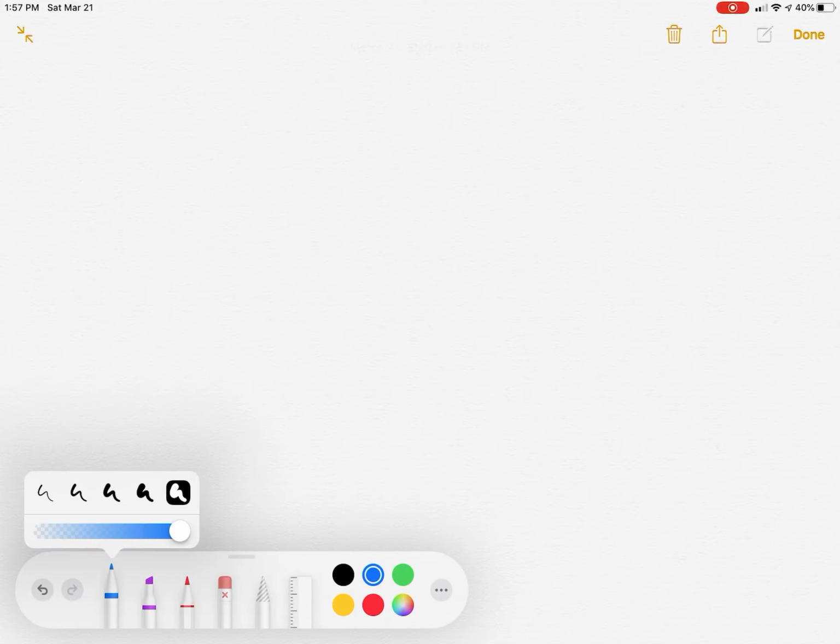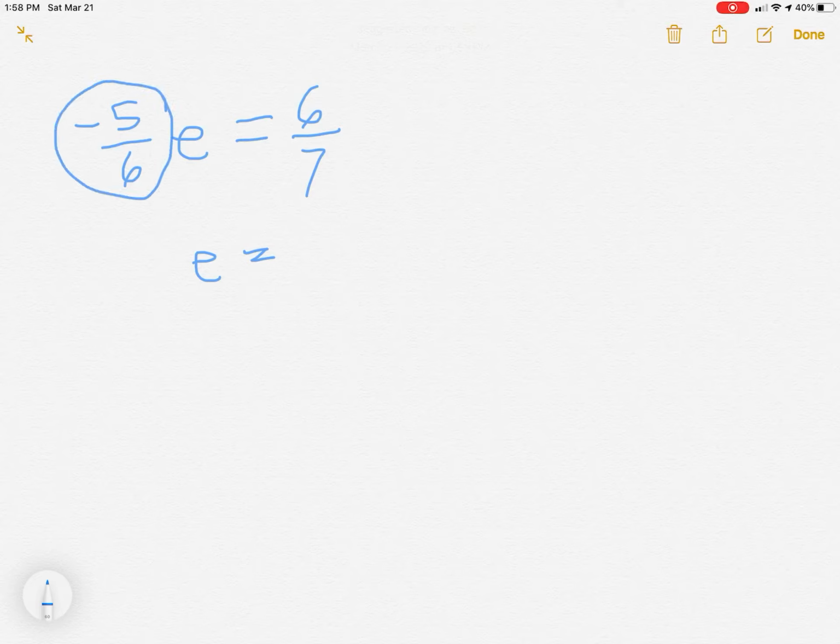Alright, so let's do some of these problems. Fractions are the thing that messed up most people. So let's do a fraction problem. Negative 5/6 e is equal to 6/7. Okay, so in order to get that e all by itself, I'm going to have to divide both sides by the reciprocal of this number.